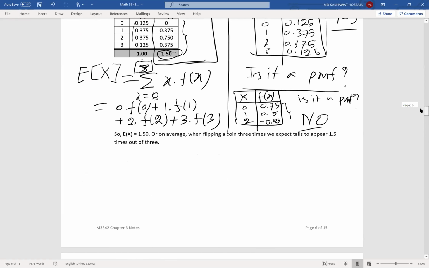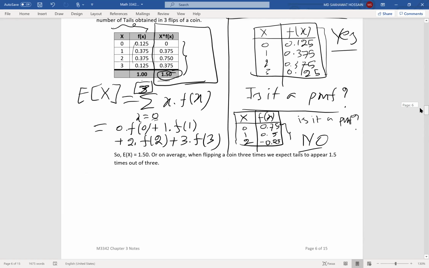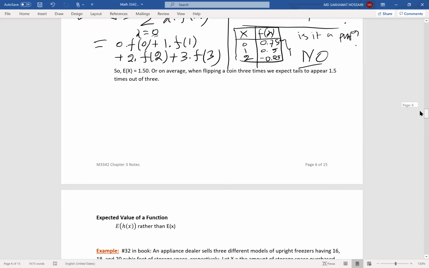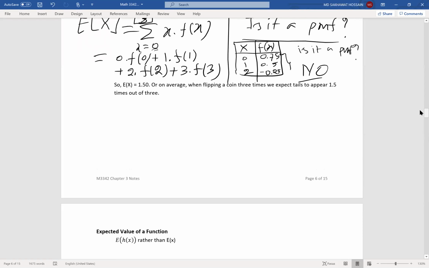The average value of x is 1.50. So the population mean is 1.50. That means if you flip a coin 3 times, we expect tails to appear 1.5 times out of 3.